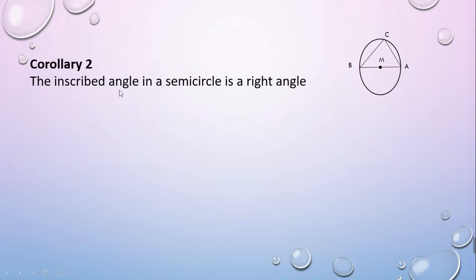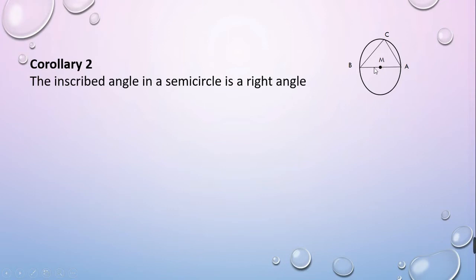Number 2: the inscribed angle in a semicircle is a right angle. The inscribed angle ACB here is drawn in a semicircle because AB is a diameter. So the measure of this angle will be 90 degrees because it equals half the central angle, and the central angle here is a straight angle.